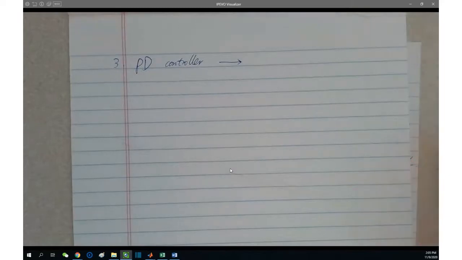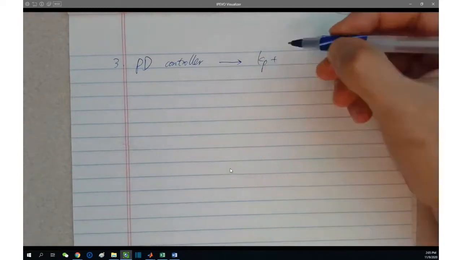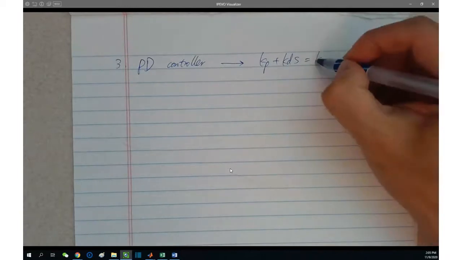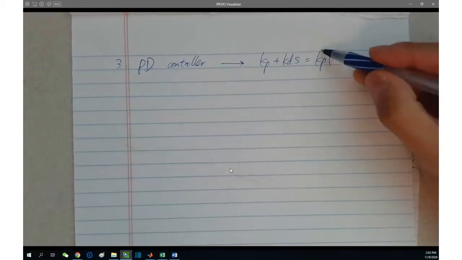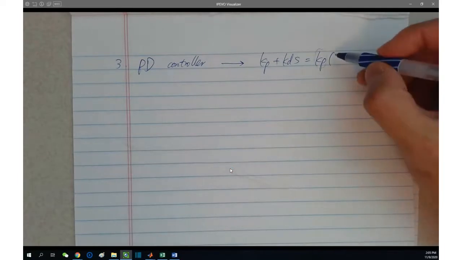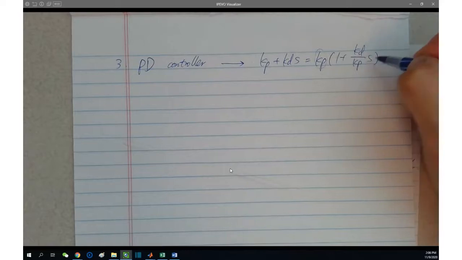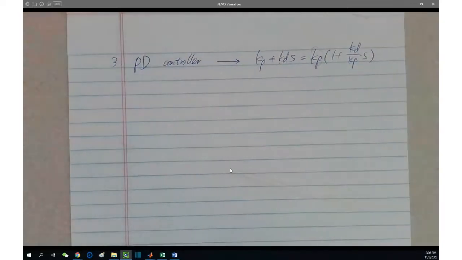First is P itself, second is PI, third is the PD controller. PD controller is like this. And if we organize it into the product between a gain and a zero, then we see something like this, right? This is the PD controller.